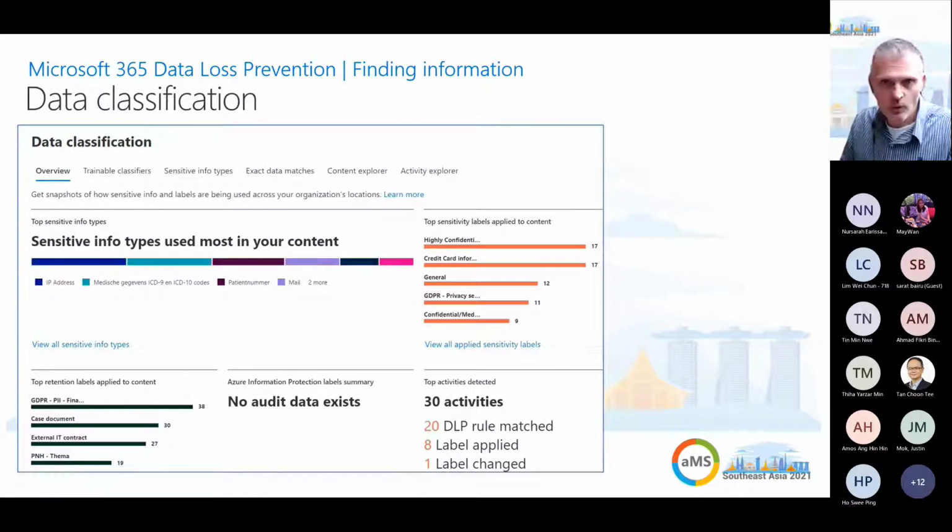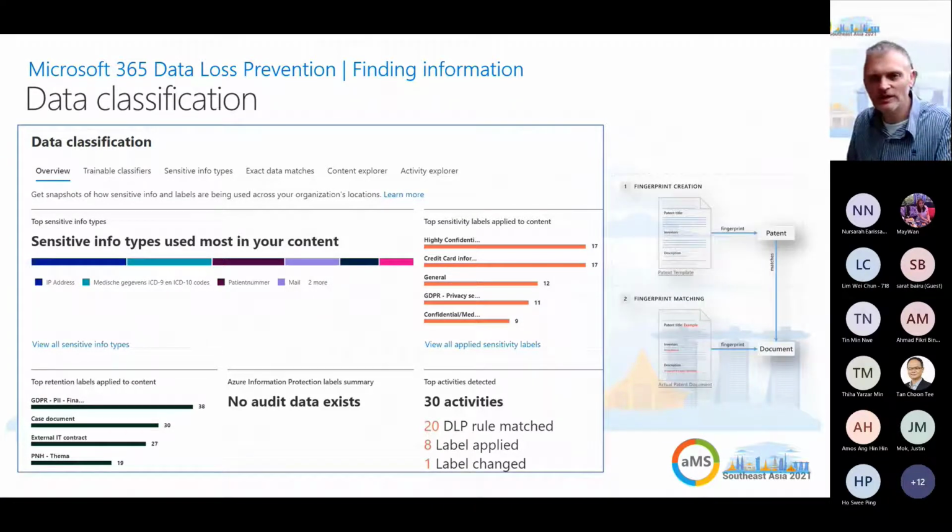There's also another one, which is still part of data loss prevention, but isn't available in any GUI, so you won't be able to see it basically. That's the document fingerprinting. I think that's going to be deprecated. I'm not sure, but with the trainable classifiers being available, I think probably the document fingerprinting won't be too relevant anymore.